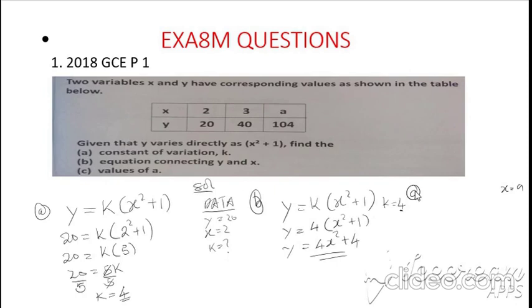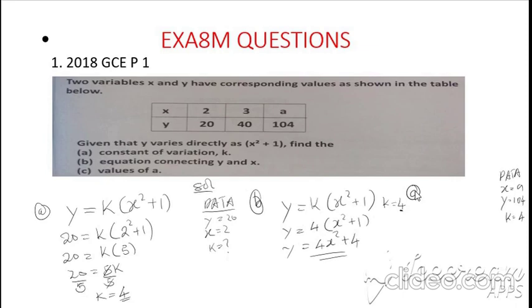And then down here where there is A, y is 104. And then your constant is 4. This is what you're supposed to know. So this is our data, the one that's going to help us to solve. So that's how you do it.